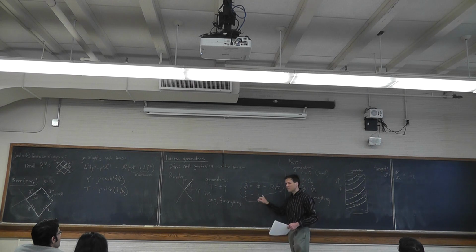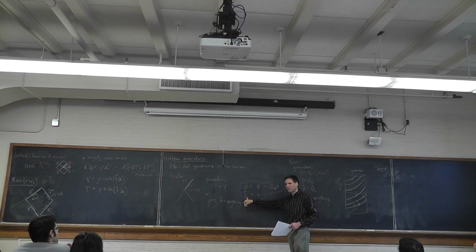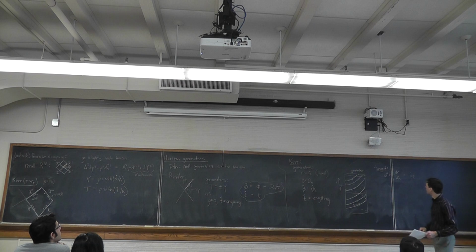So d/dt is not equal to d/dt hat. That's why I gave it a different name, because when we take a partial derivative in the hat coordinates, we take that at fixed phi hat. So that's what that hat means. That's why we have to be careful to put that there.